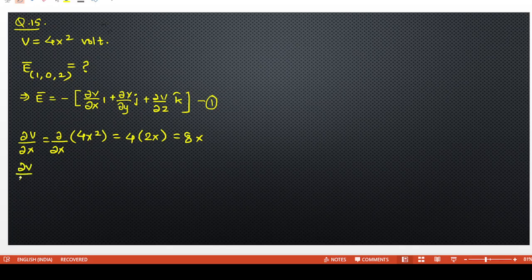Similarly, find dou V by dou y. It will be dou by dou y of V. What is V? It is 4x square. Now 4 is also constant, and x is also constant because the derivative is with respect to y.